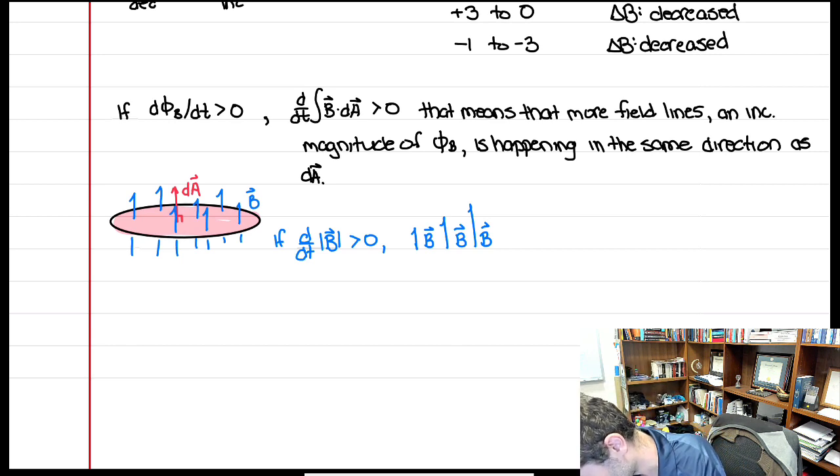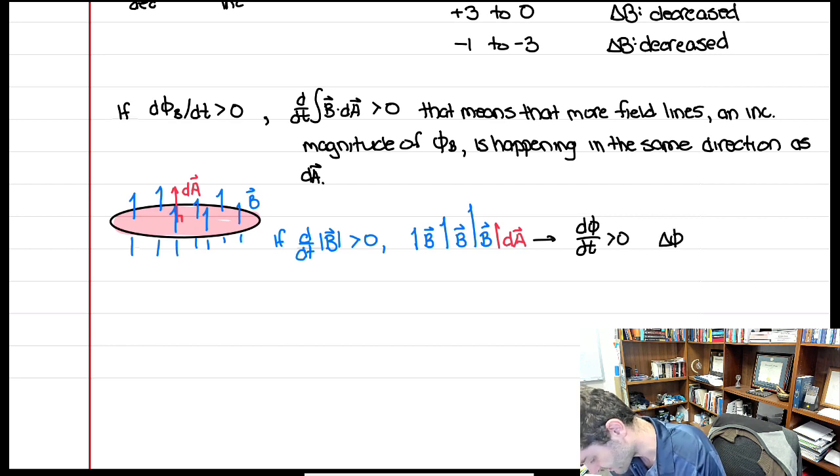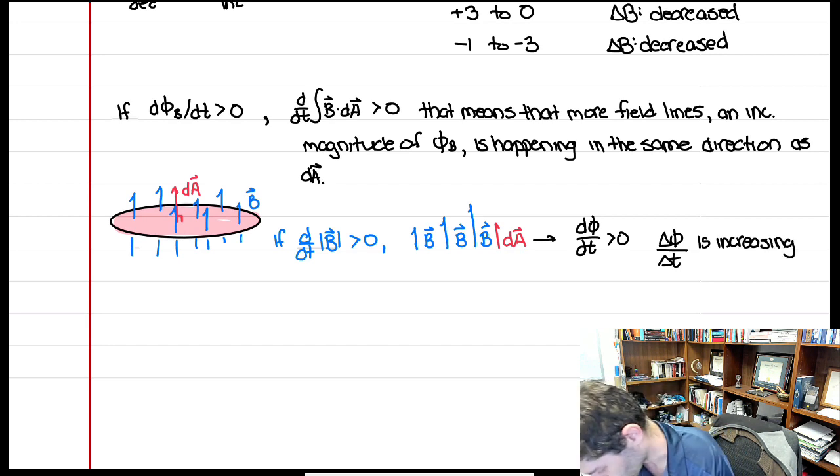Then, since dA also points in that direction, that implies the flux is greater than 0. Or if we think of it in terms of a delta, the delta flux over delta t is increasing. Or it's positive, if you want to think of it that way.